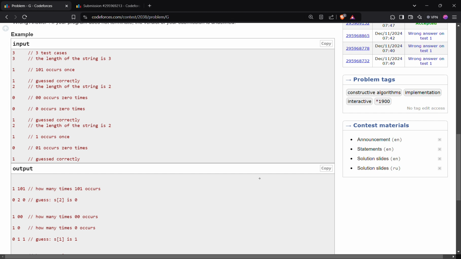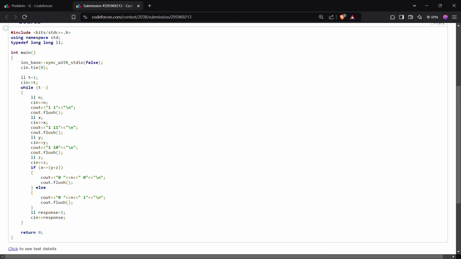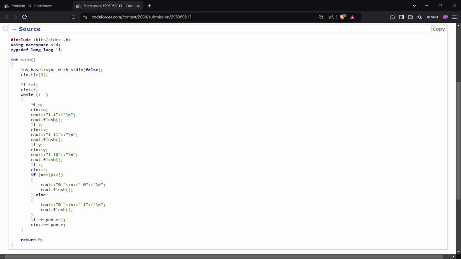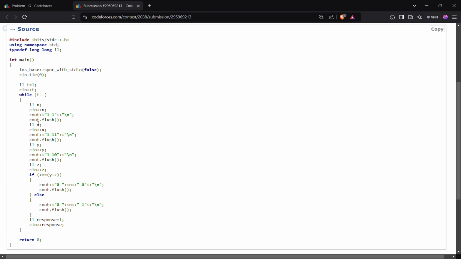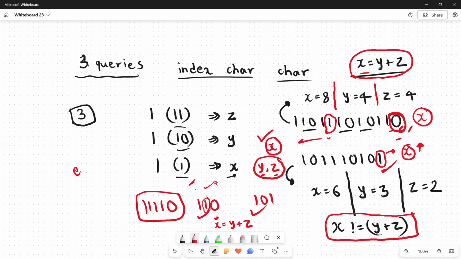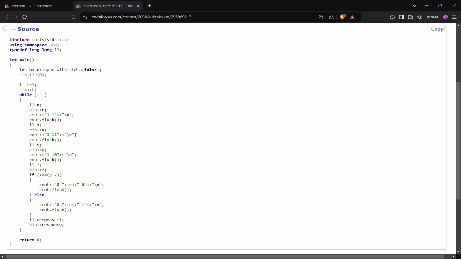The code is quite simple. We take input and output the queries, and whenever you output a new line you have to flush the output buffer. You can use cout.flush in C++, or you can use endl to flush that buffer as well. I've simply used the flush functionality.